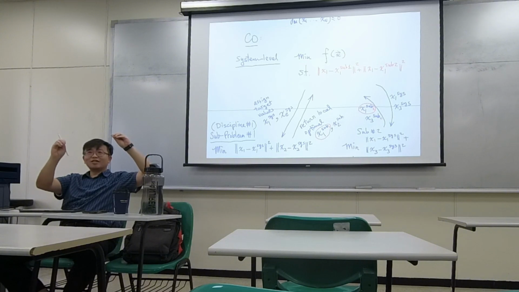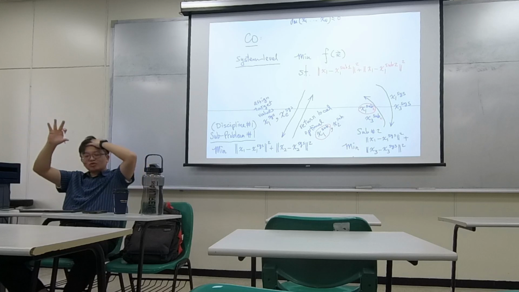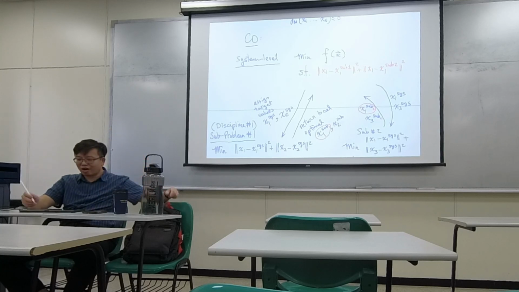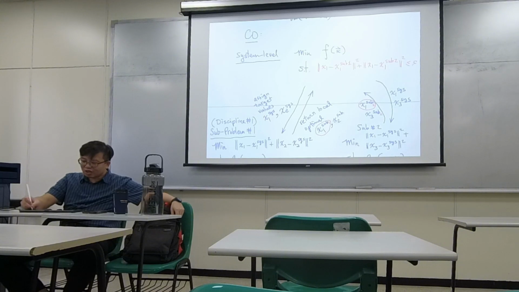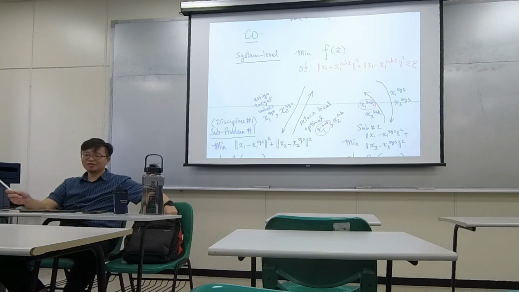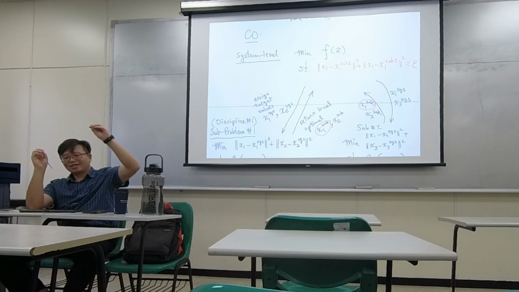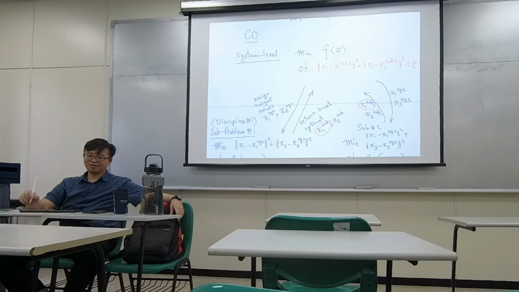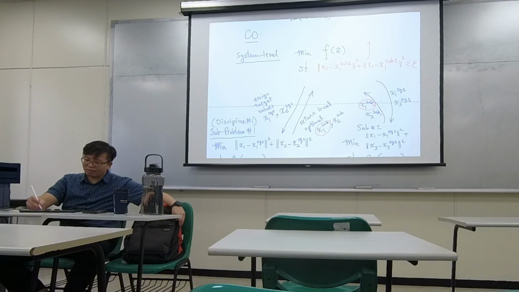If at the system level you try to find a point that is close to the solution from sub 1 and also close to the solution to sub 2 at the same time, how is it possible? So sometimes they try to make this smaller, to some small value. So at the end, usually, you will get the middle point between x1 sub 1 and x1 sub 2. Okay, so the purpose of doing this kind of constraint is to do some coordination.